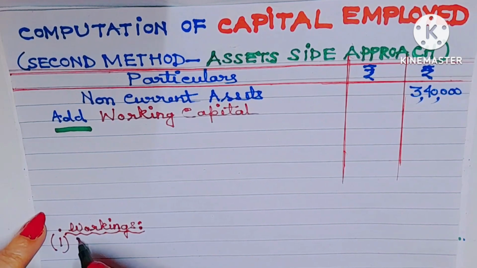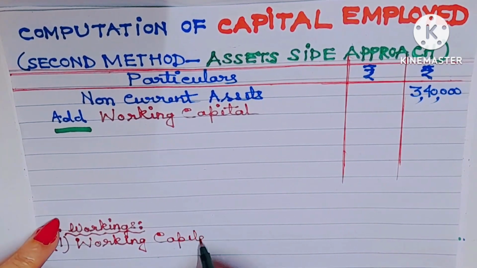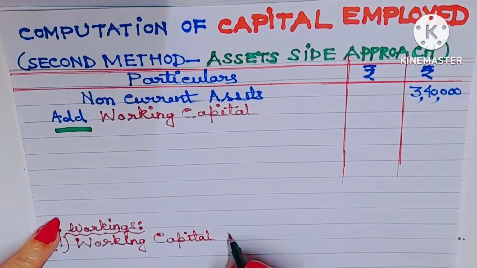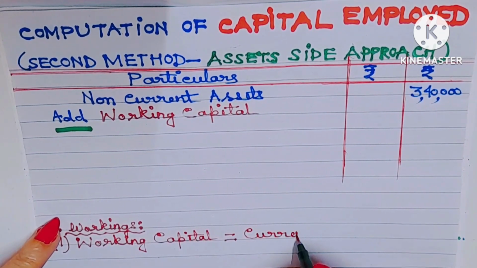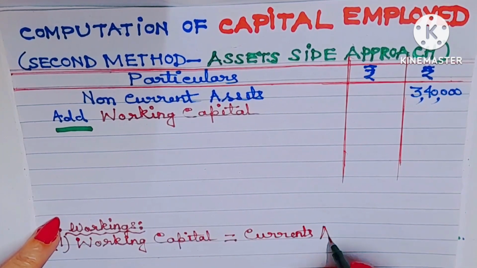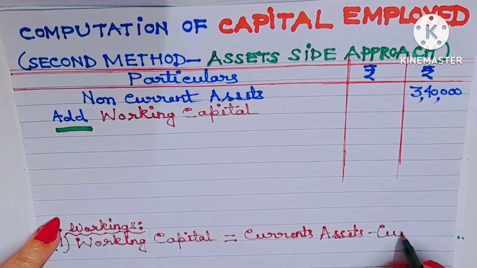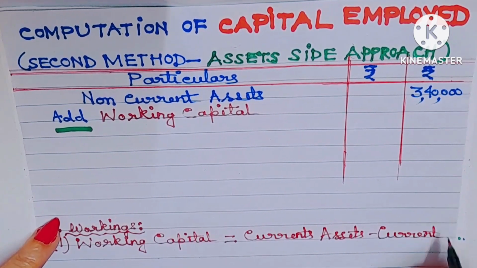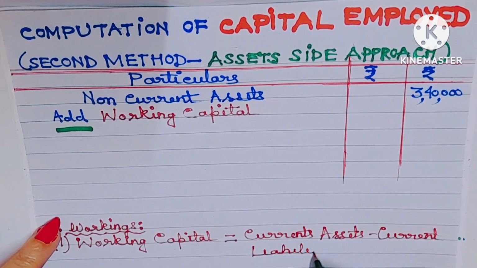Working capital is equal to current assets minus current liabilities. Okay.